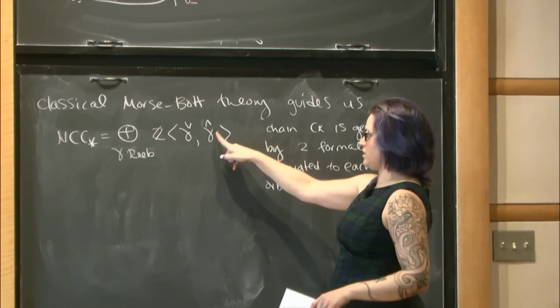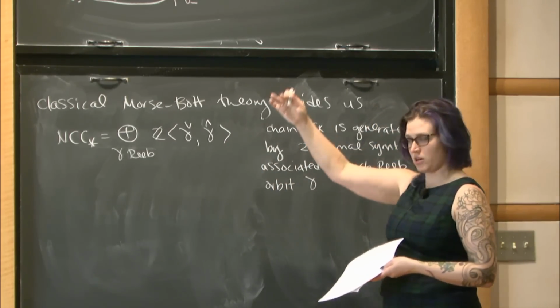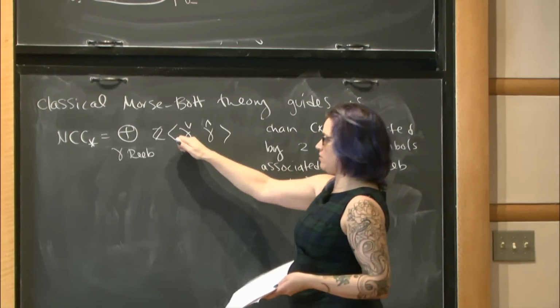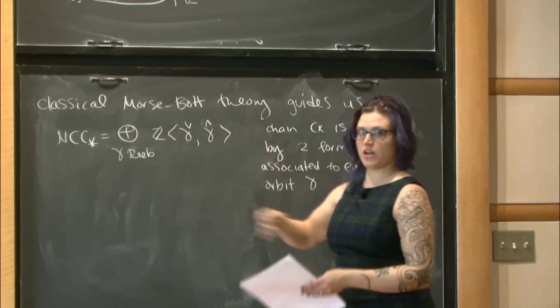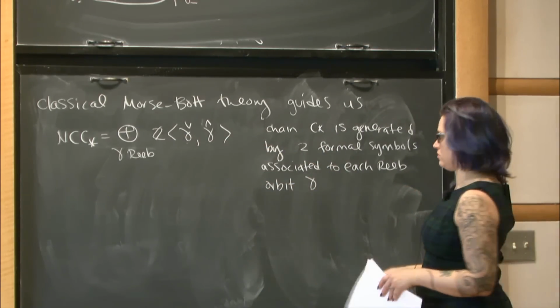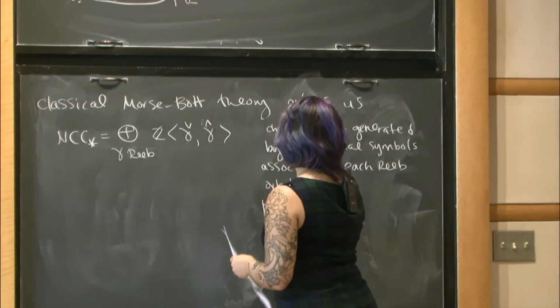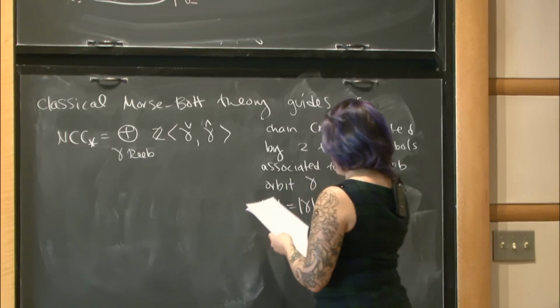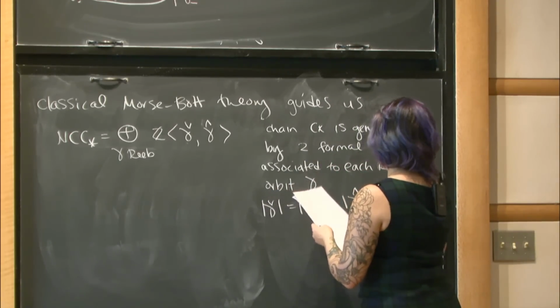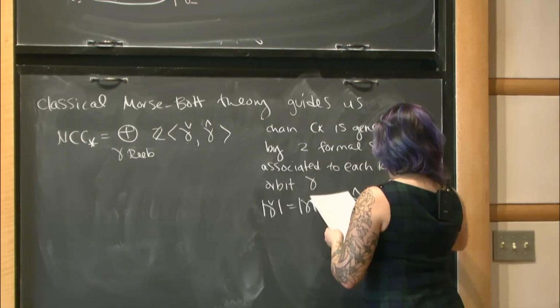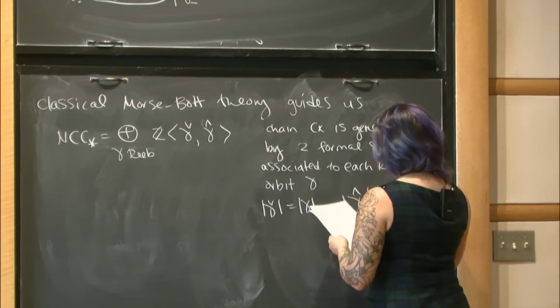The hat is going to have its index shifted up artificially by 1, and the minimum is going to be the check, which has the same grading as the original Reeb orbit. So we have that gamma check has the same grading as gamma, and gamma hat has the grading of gamma check plus 1.